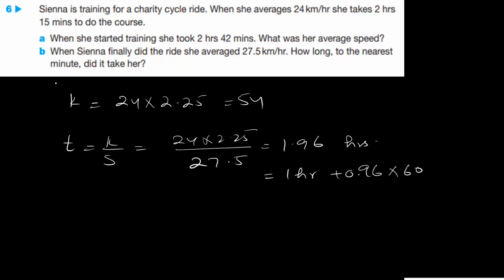Rather than writing 1 hour, we can write it as 60 minutes, plus 0.96 times 60 minutes. So it becomes 60 plus 58, or you can write here 118 minutes together.